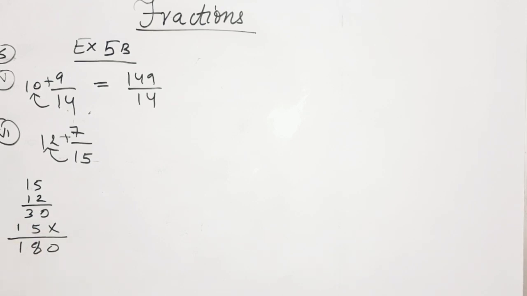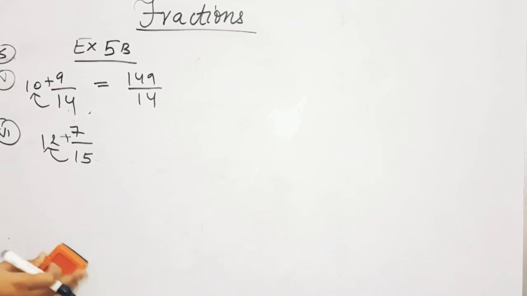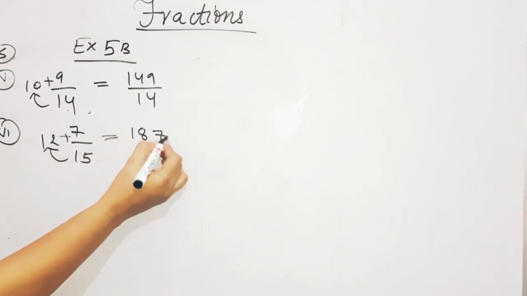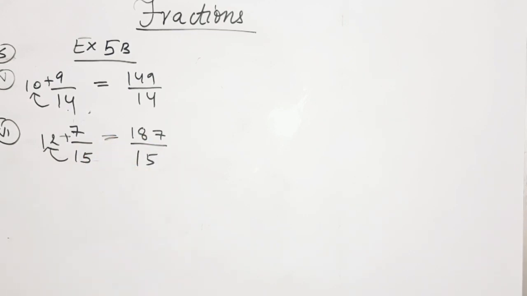When we multiply 12 with 15, we get what? 180. Now 180 plus 7 is 187/15.